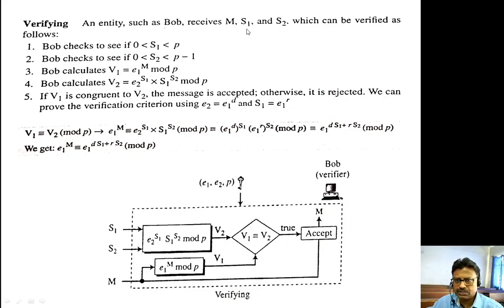It receives the signature, that is S1 and S2, and it also receives the plain text message, so it is going to verify it. Bob checks whether S1 is between 0 and P, and whether S2 is between 0 and P minus 1. Why is it so?